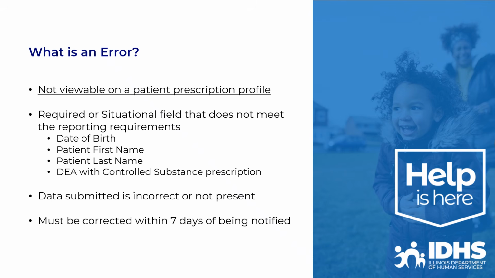To understand what needs to be reported in the errored field, please review the ASAP guide version that is being uploaded for your organization. These can be found by clicking the resource guide link on RxSubmit. If you are unaware, please reach out to the ILPMP team to get information on what is being reported.